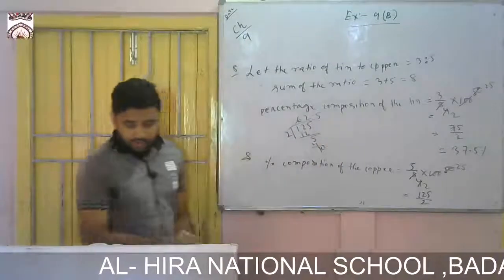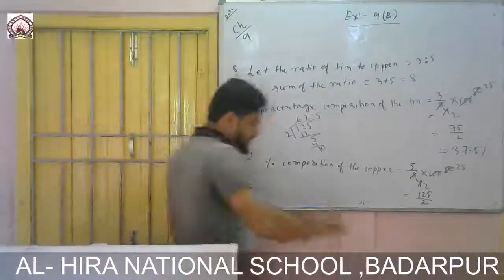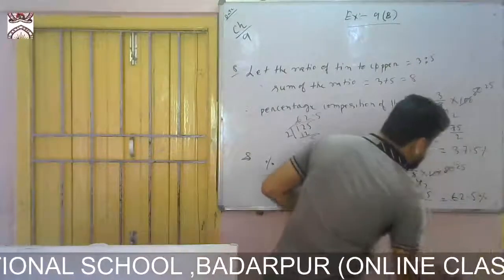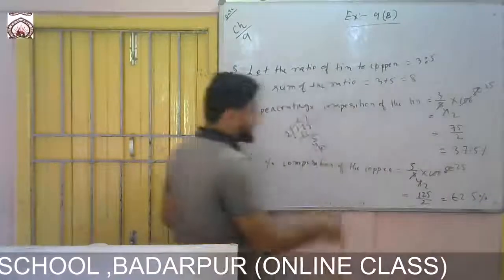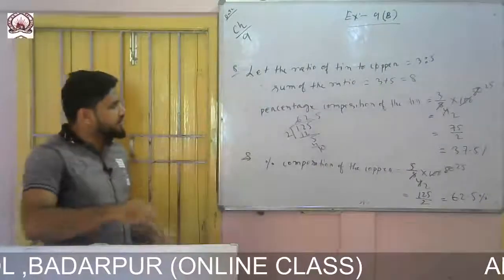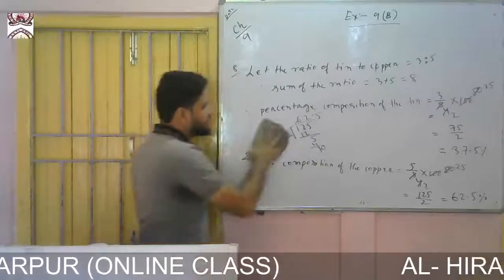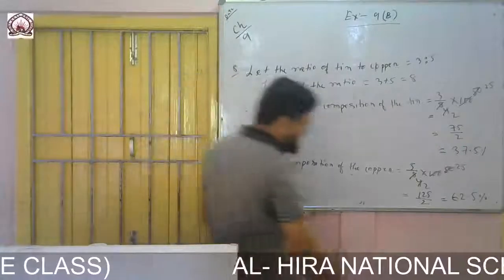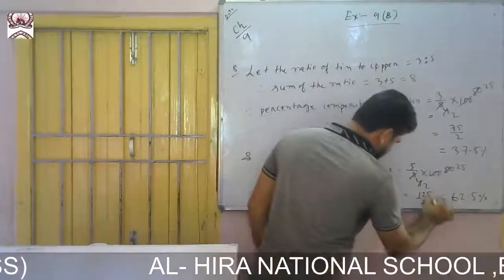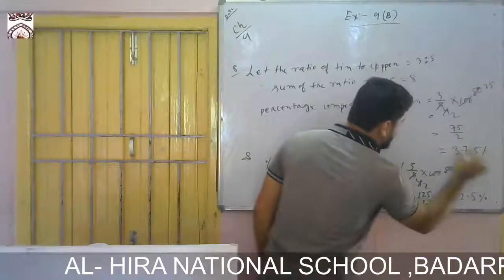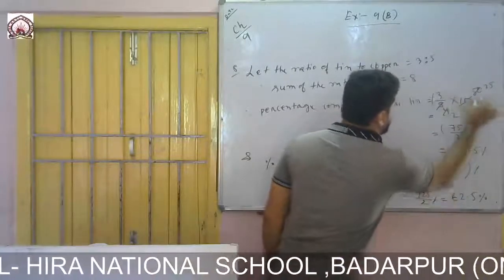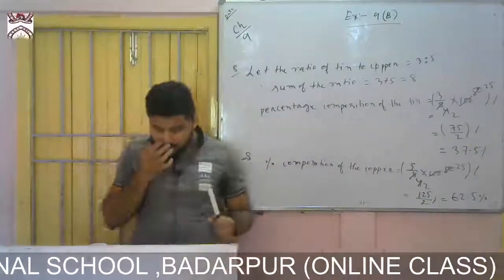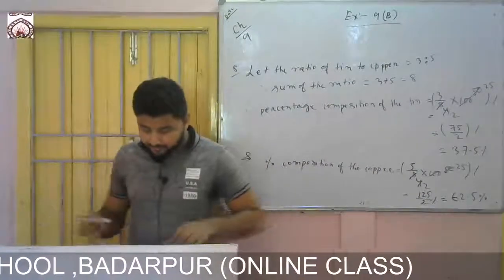So 62.5, which is 62.5%. Now come to question number 9.